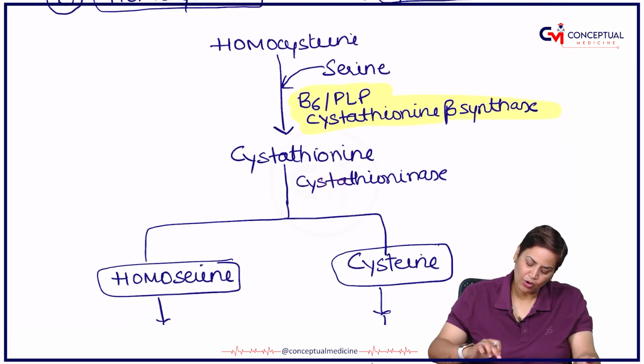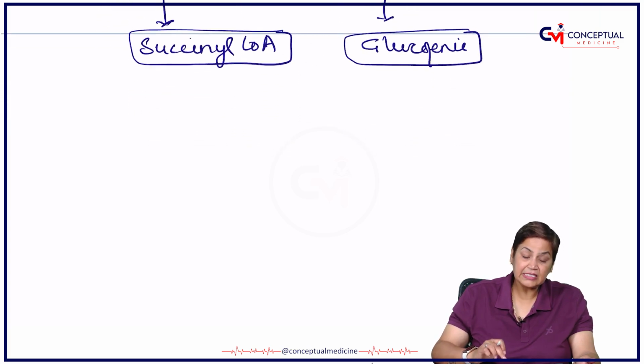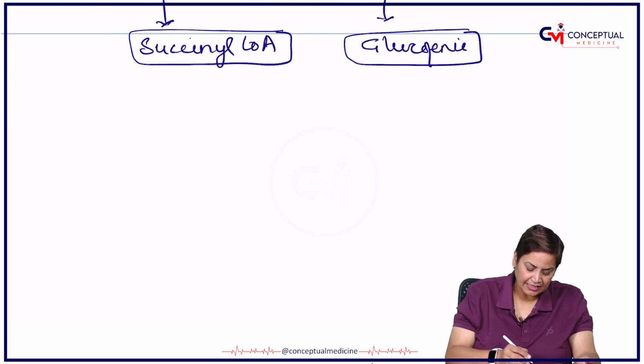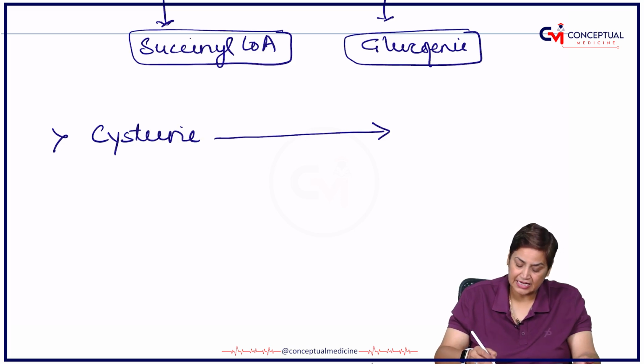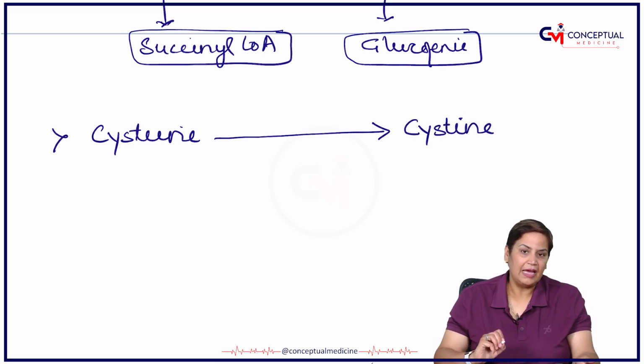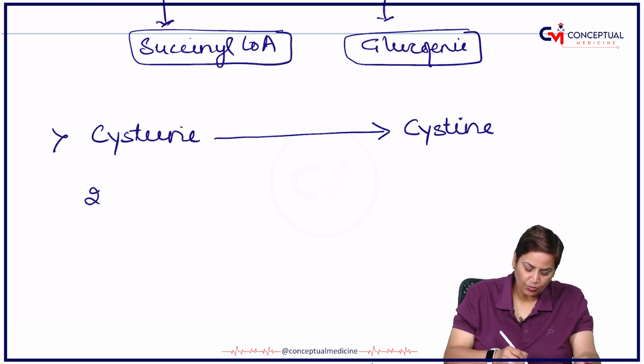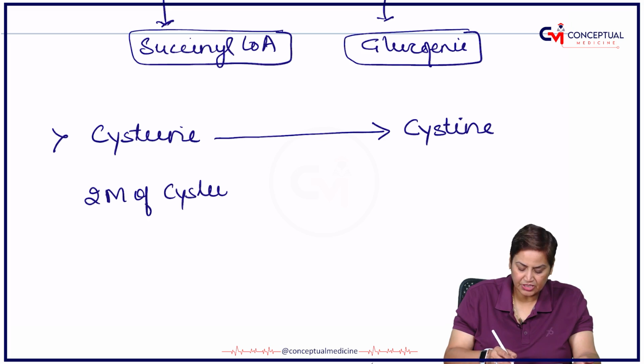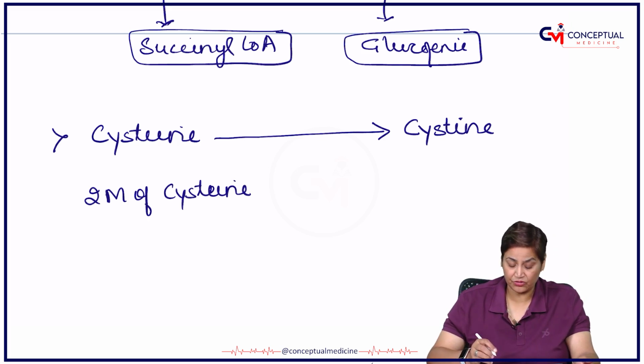Then there is one more molecule which is cystine. So what happens is that this cysteine is converted into cystine. And what happens here is two molecules of cysteine, because there is a difference in pronunciation, and you will see there are so many similar-sounding terms in biochemistry also.